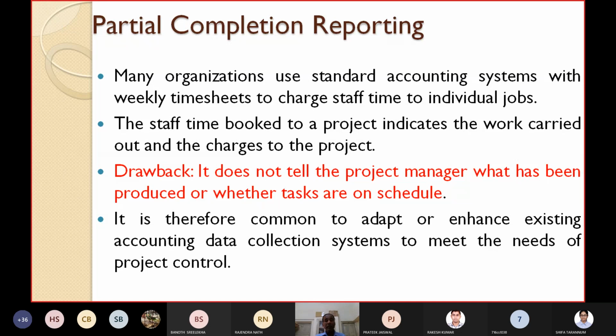The drawback here is that many organizations use standard accounting systems to charge the staff time. And what is staff time? I have already told you: staff time indicates the work carried out and the charges to the project.